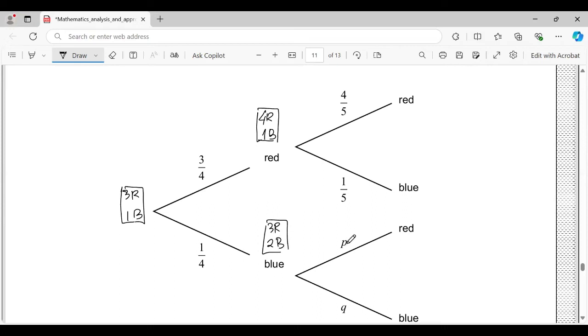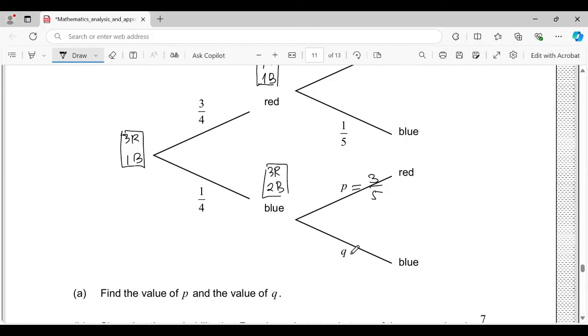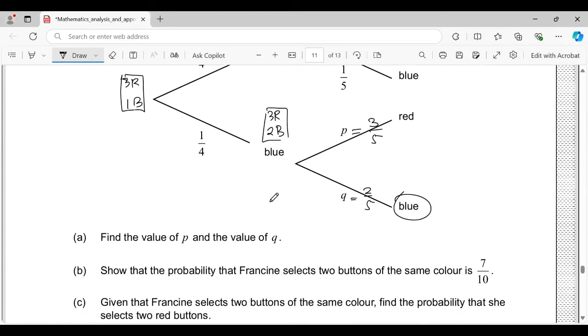So for this probability, P equals 3/5, and then Q equals 2/5 because blue. So P equals 3/5 and Q equals 2/5.